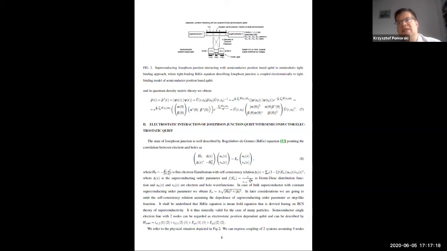formulates the superconducting state as a physical situation in which two electrons are paired, so they can create a kind of quasi-boson.